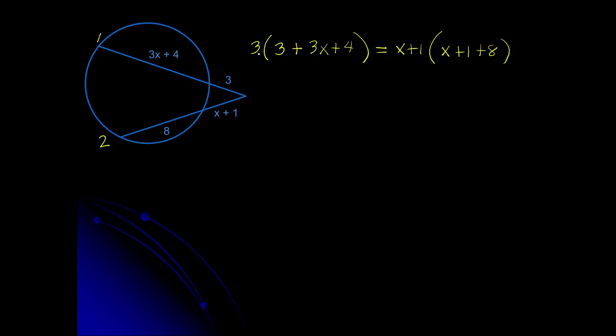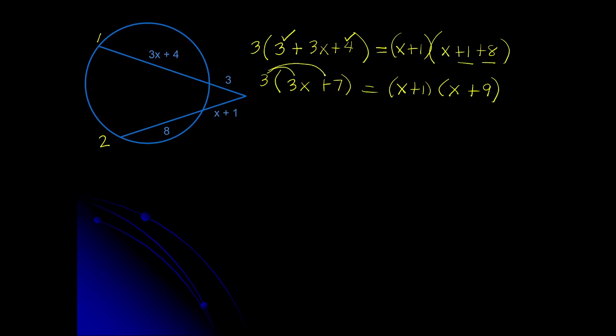Okay. Let's simplify this first. This is 3 times. Add these two and you will get 7, equal to, inside parentheses, x plus 1. Add these two: x plus 9. Distribute this. This is now 9x plus 21. Okay, this is the FOIL method.